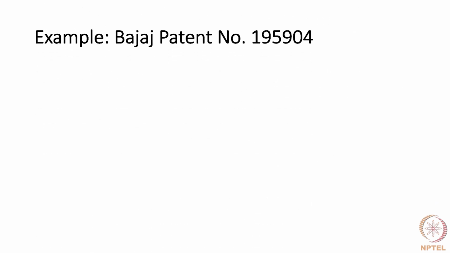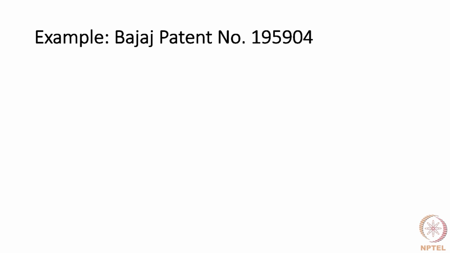The example that we want to use here is the Bajaj patent number 195904. This was the patent which was in litigation in a case between Bajaj and TVS. The invention pertained to an arrangement of a pair of spark plugs in an internal combustion engine. That's the broad idea of the invention.